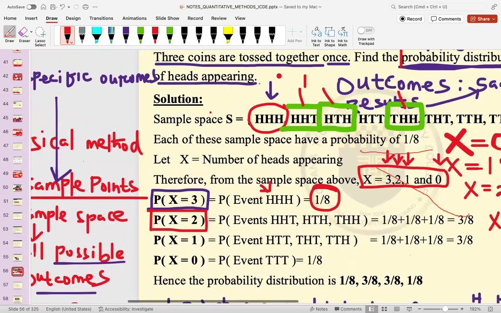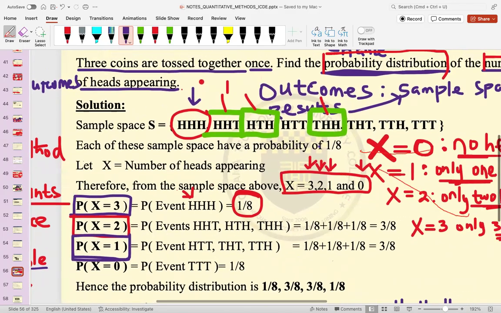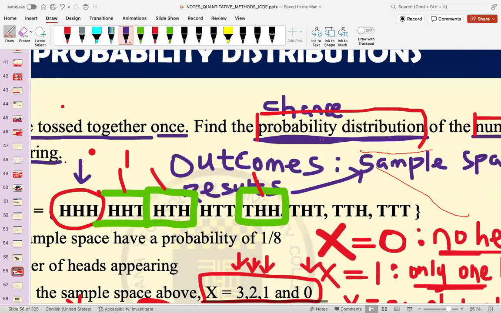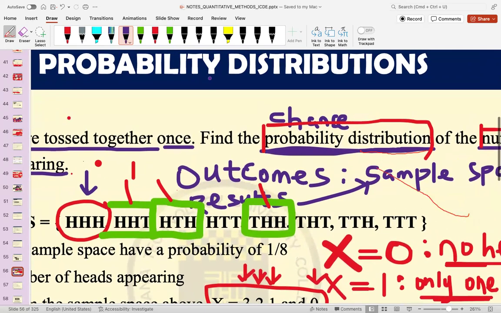And then that sends us to one head, which is X equals 1. We are going to pick all events that are showing one head, and then process them. So when we look at our possibilities again, let's fish out the ones with one head.